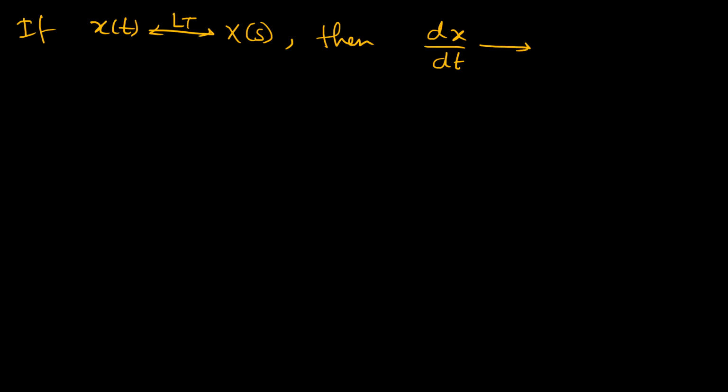The first property is that if x of t is a signal with Laplace transform capital X of s, then if you take the derivative dx dt, its Laplace transform will be s times capital X of s minus small x of 0. That proof is also very simple.